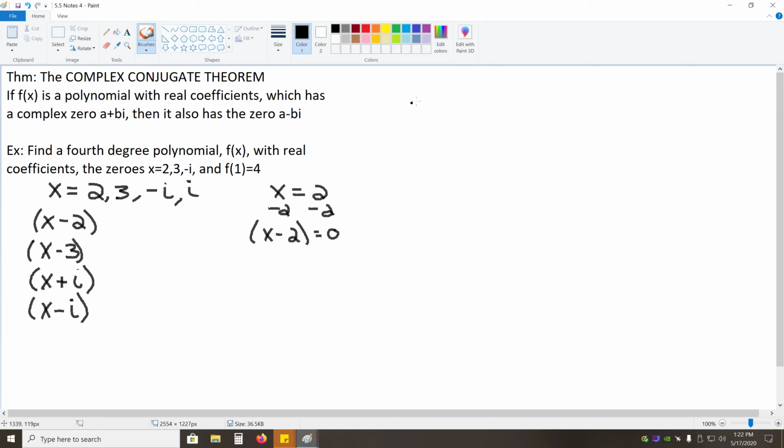So if we multiply all of these together, we get f of x equals x minus 2, x minus 3, x plus i, and x minus i. And there's going to be some constant multiplied to this.